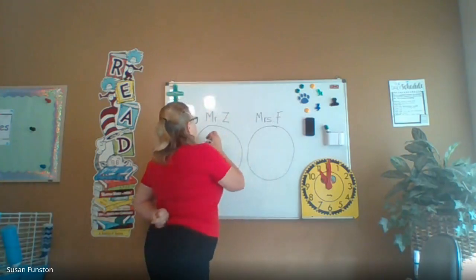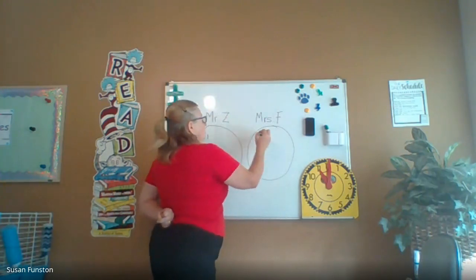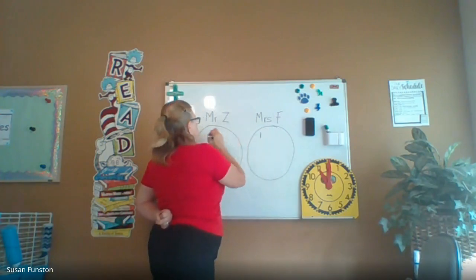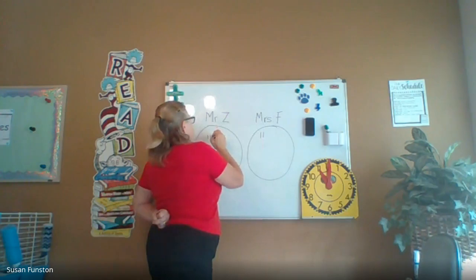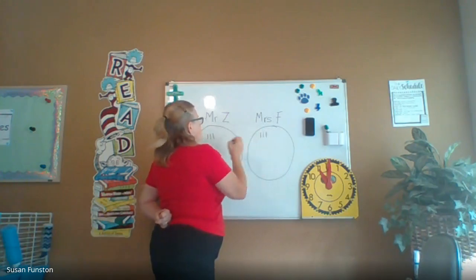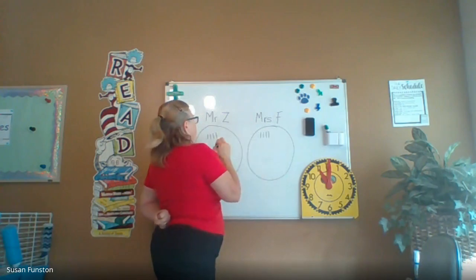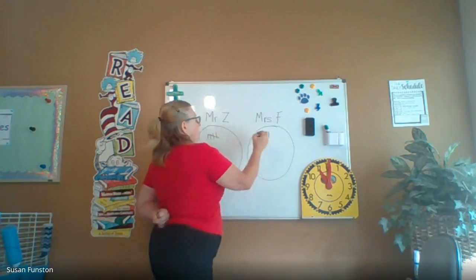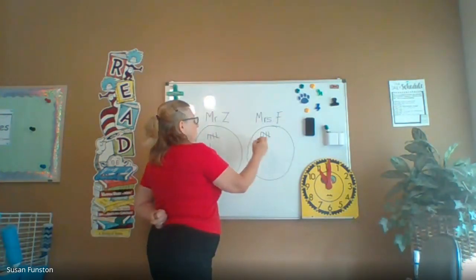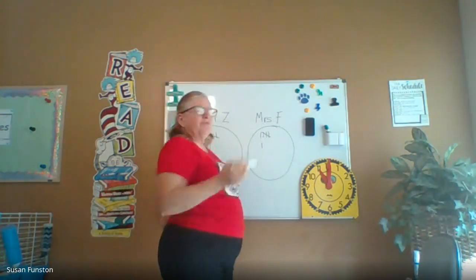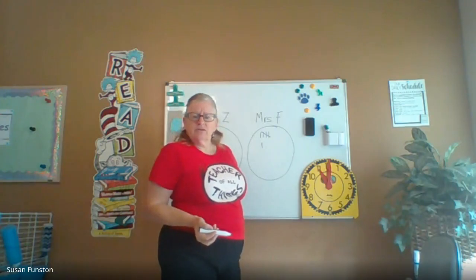So Mr. Z gets 1 marker, I get a marker. He has 2 markers, I get a marker. He has 3, I get a marker. He has 4, I get a marker. He has 5, I get a marker. 6, I get a marker. How do I know when to stop?